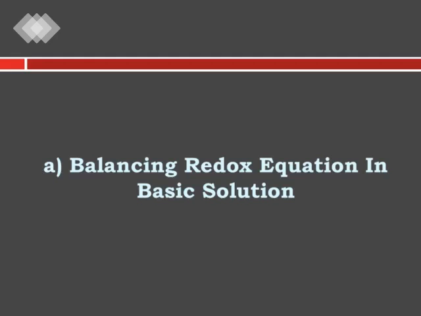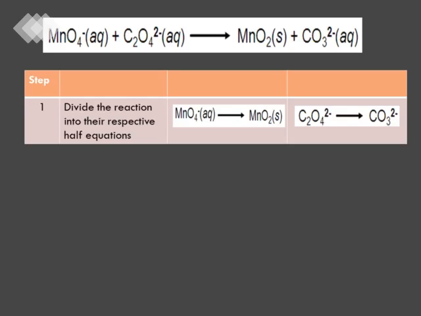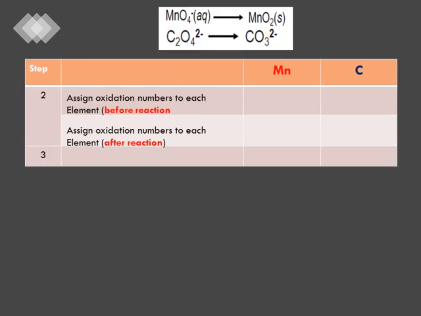Now, let us balance a redox equation in a basic solution. Again, first, divide this equation into their respective half equations. And then, we assign the oxidation numbers for manganese and carbon before and after reaction.